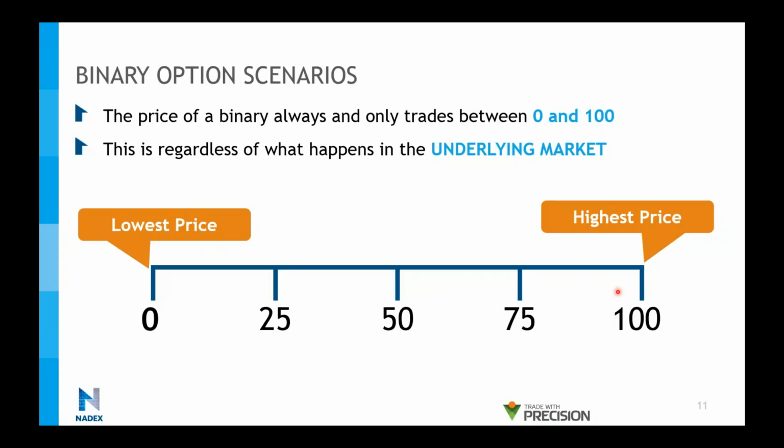This is regardless of what happens in the underlying market, which means if the price goes above the strike price into infinity, doesn't matter, the highest price is 100. If the price drops multiple factors below the strike price, doesn't matter, the lowest price that option can go is 0. We are always within that range.